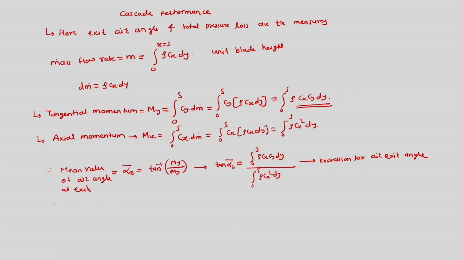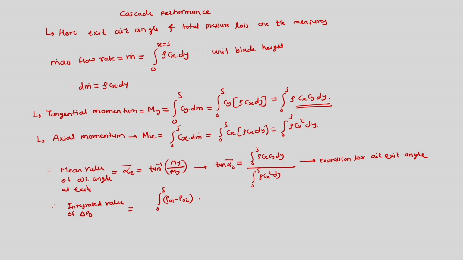Then we can find out the integrated value of delta P naught, which is the total pressure loss, and it is the integral from 0 to S of P naught 1 minus P naught 2, since we are talking about loss in total pressure between entry and exit of the blade. So entry will have higher total pressure, exit would have lower.